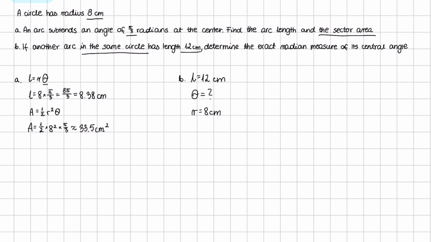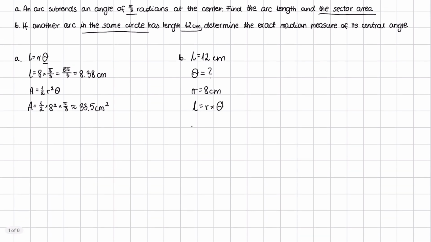So we have to substitute everything into our formula for length of an arc. So arc length equals r times theta, so 12 equals 8 times our angle.